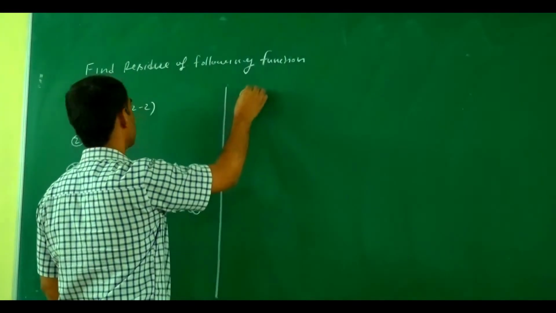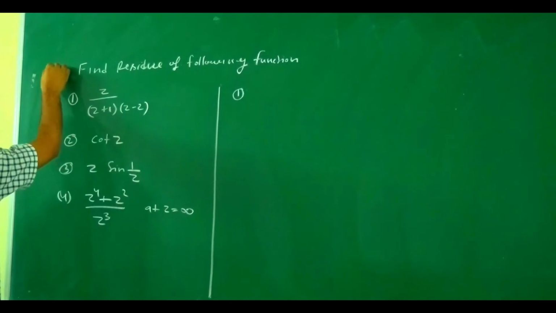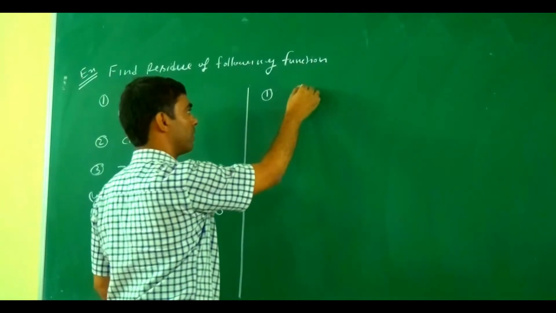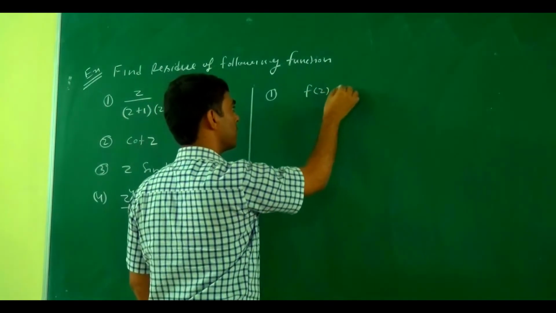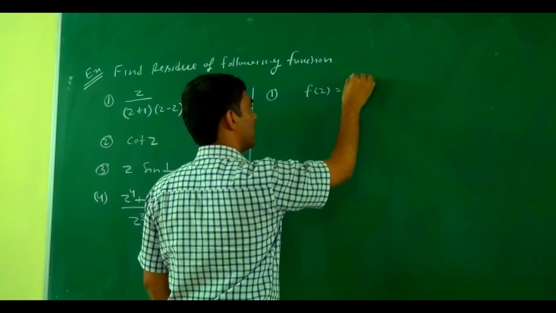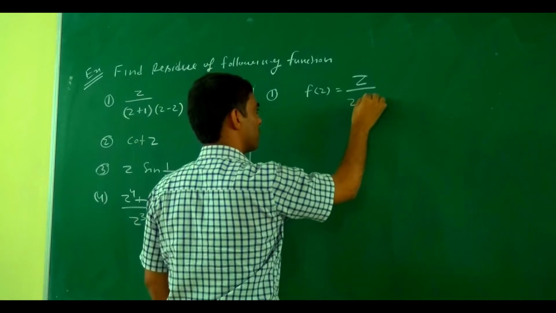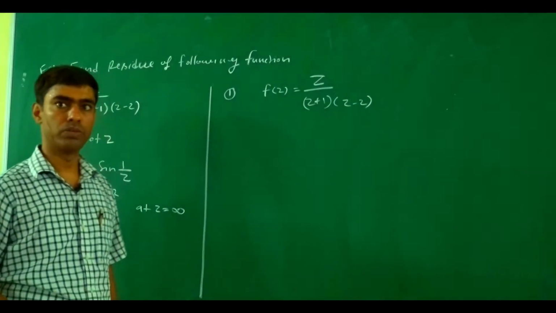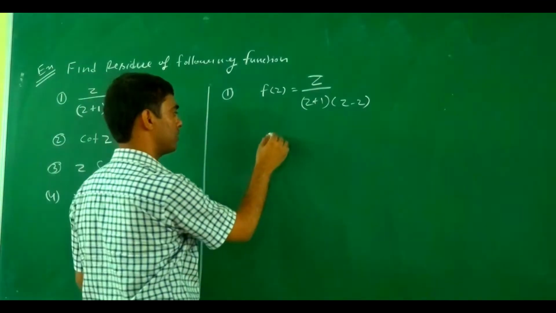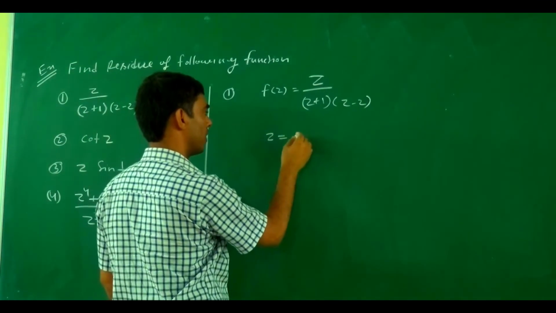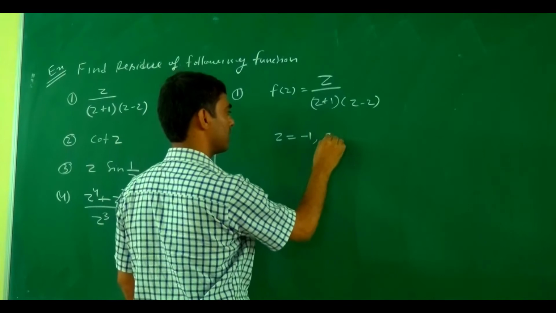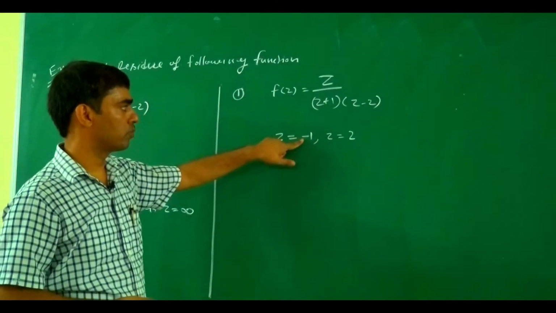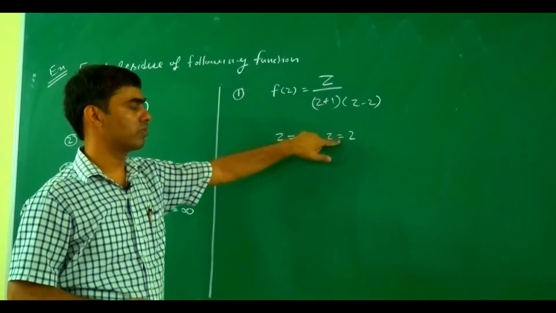First we solve the first one. f(z) equals z divided by (z plus 1)(z minus 2). There are two singular points: z equal minus 1 and z equal 2. These are the isolated singular points. Why? Because around each of these two points, minus 1 and 2, we can draw a small region where there is no other singular point except z equal minus 1 and z equal 2.